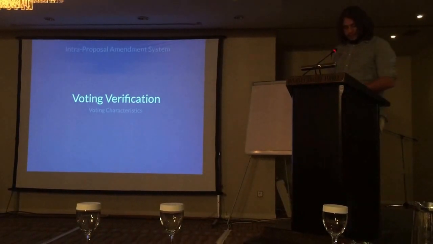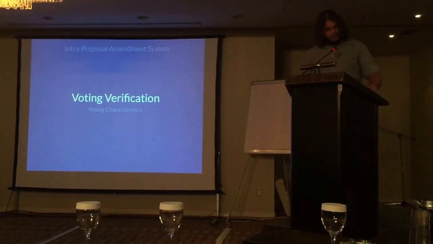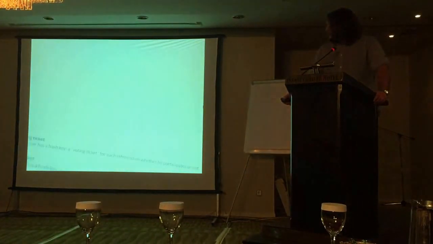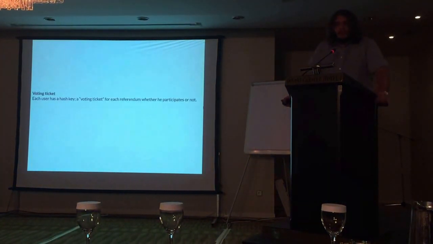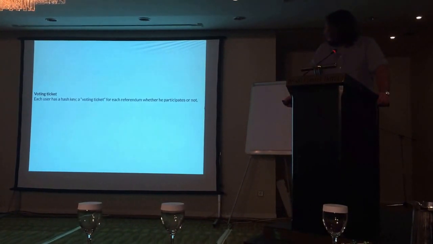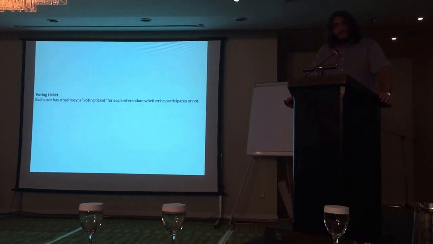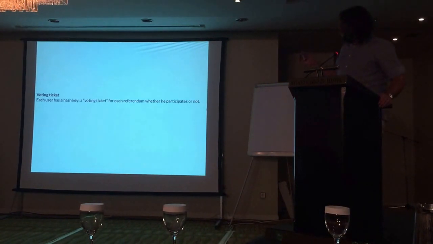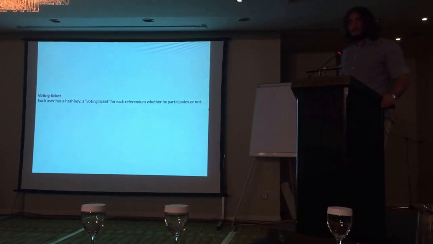So, the voting verification system for Epitome: we designed a simple, but we believe effective system for verifying votes. Each user has a passkey, a voting ticket, whether he participates or not in a referendum.